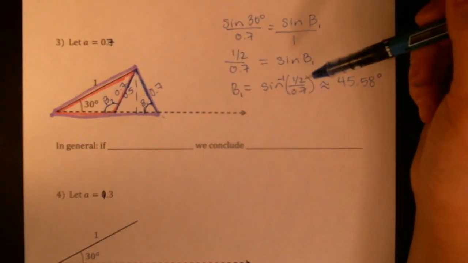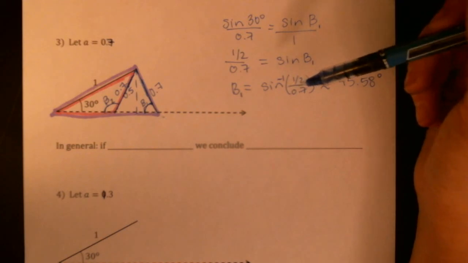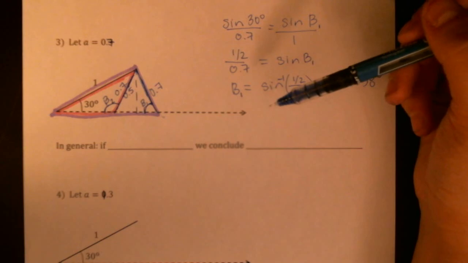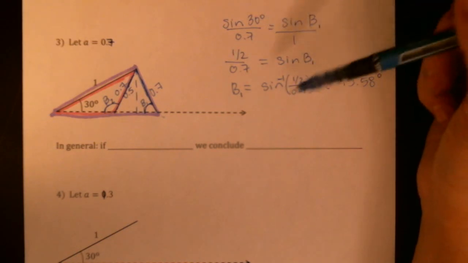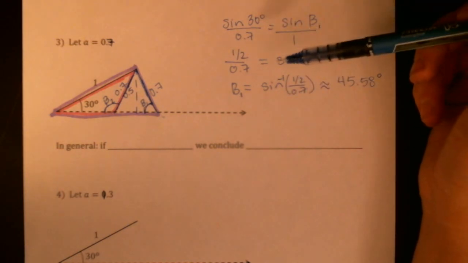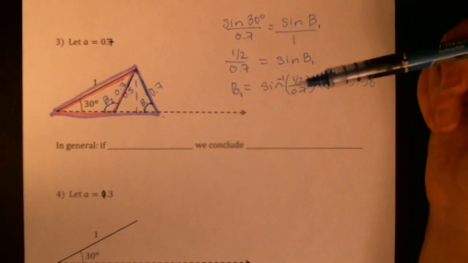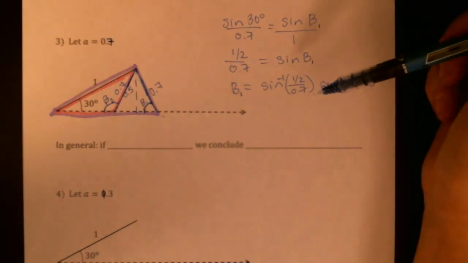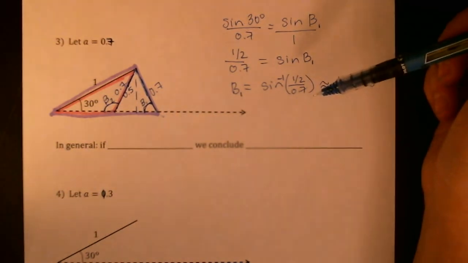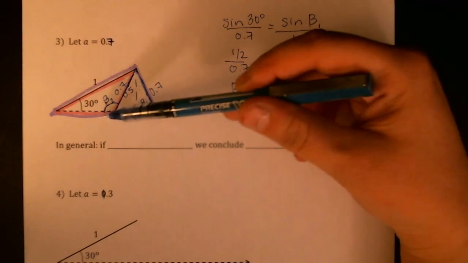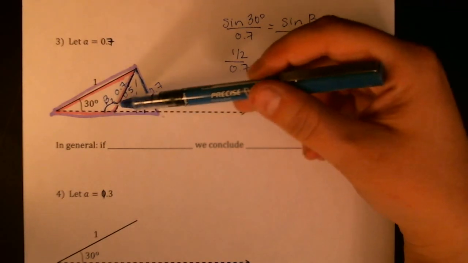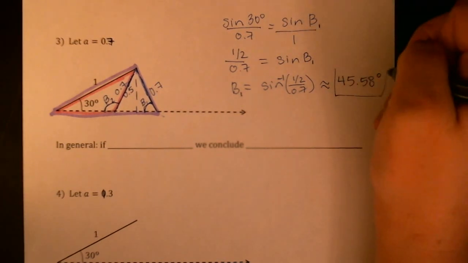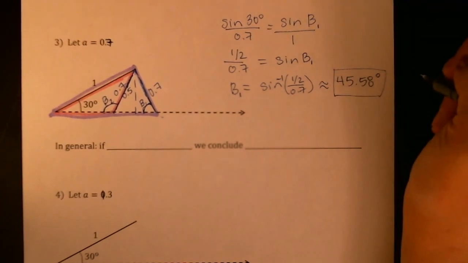The reason is that when you take the inverse sine, it's always going to give you an angle between negative pi over 2 and pi over 2, which is negative 90 and 90. In the case of triangles, we're not interested in negatives, so let's say inverse sine, when you're looking at a triangle, is always going to give you an angle between 0 and 90. Always. It's never going to give you an obtuse angle bigger than 90, like B2. So law of sines gives us one. The question is, how do we get the other one?